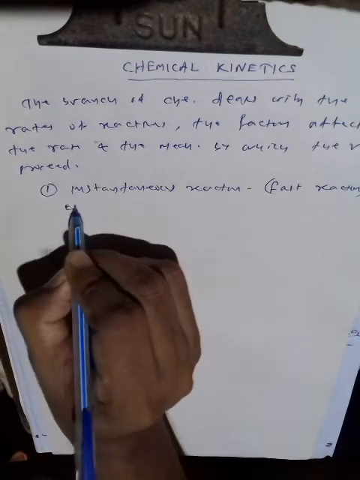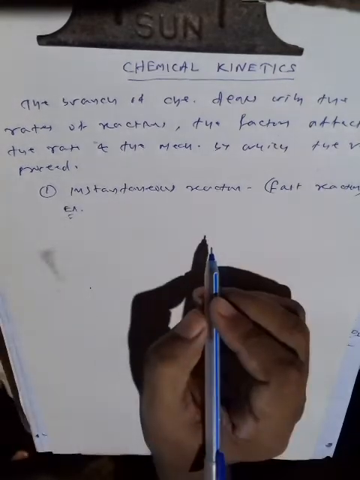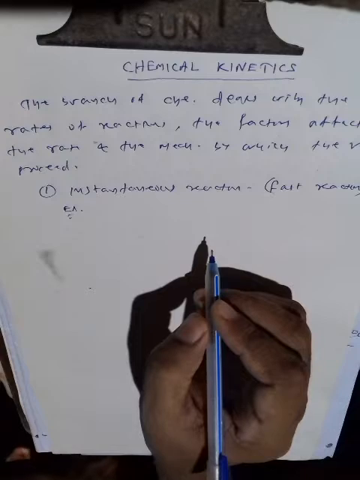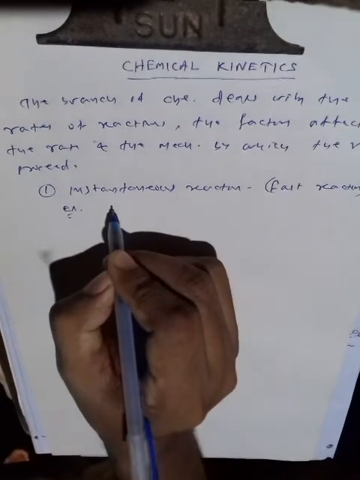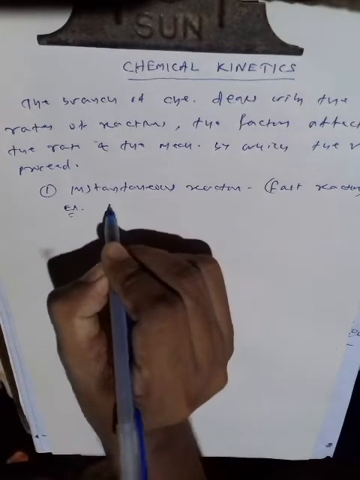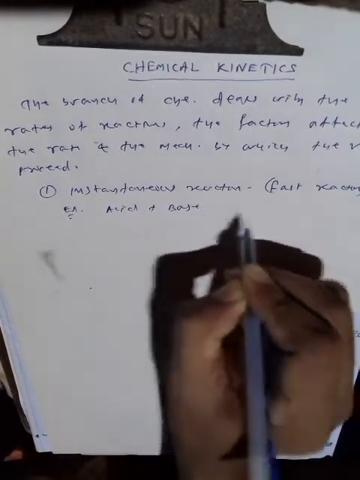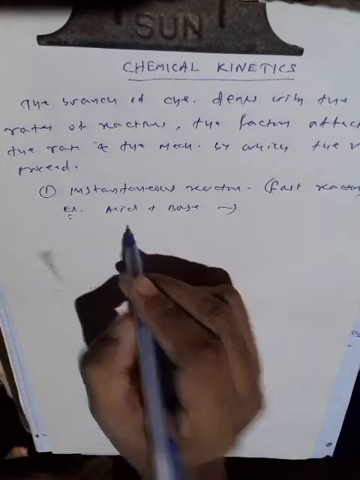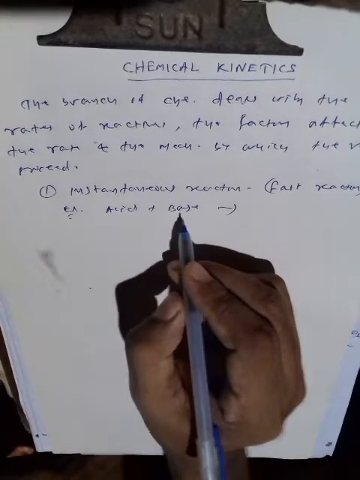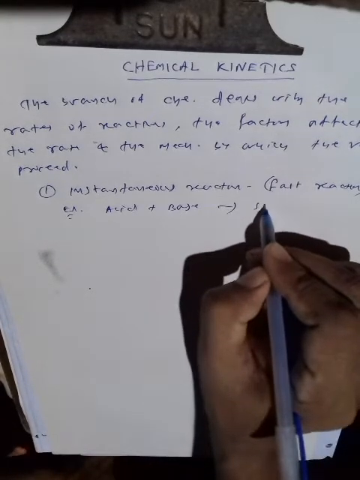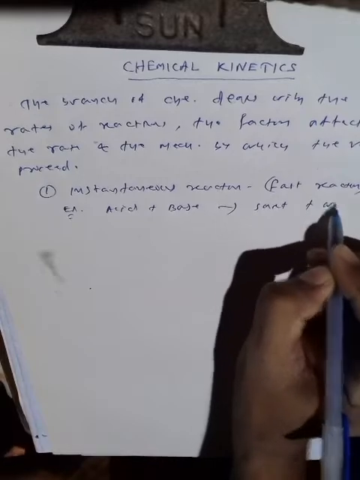One of the most important examples is, all neutralization reactions are instantaneous reactions. Neutralization means acid and base reactions. When an acid is reacted with a base, we get a salt and water.